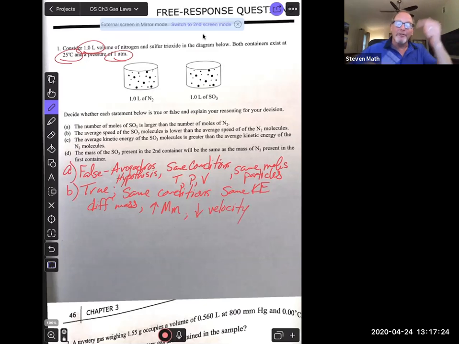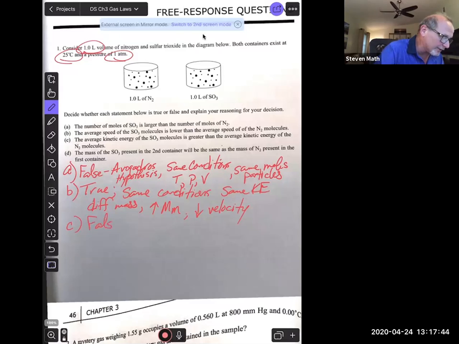Then they follow that up with the one that we want to hear, and that is, hey, what about the average kinetic energy of SO3? Oh, well, that's a different story. That's absolutely false. The claim is that the average kinetic energy of SO3 molecules is greater than that of N2.